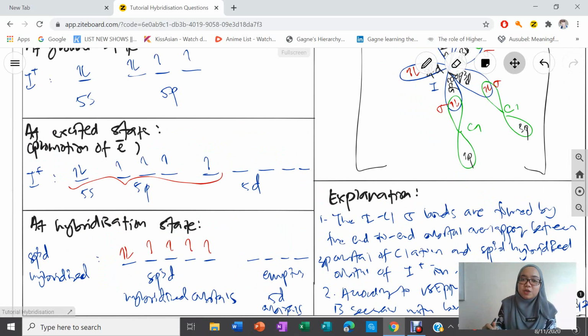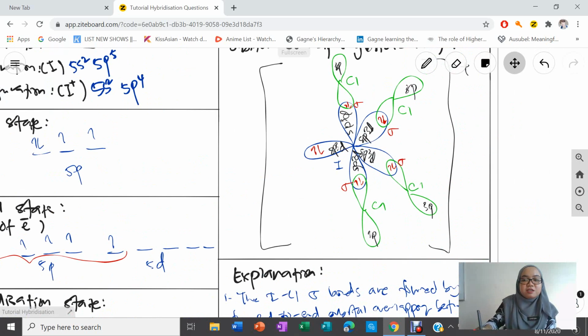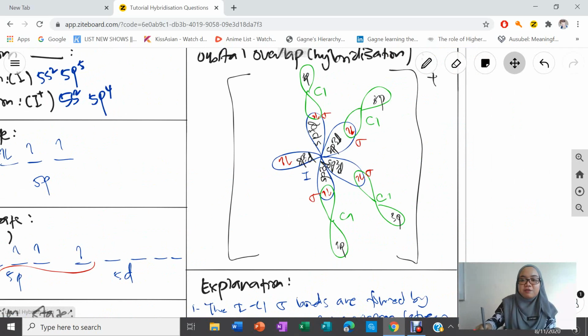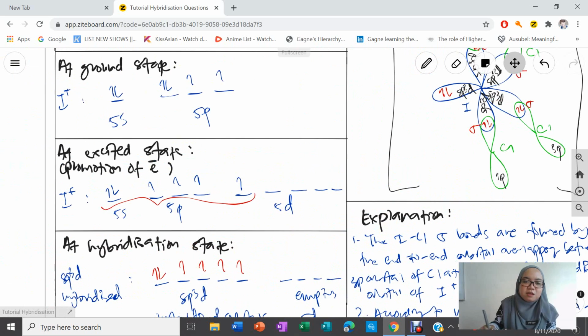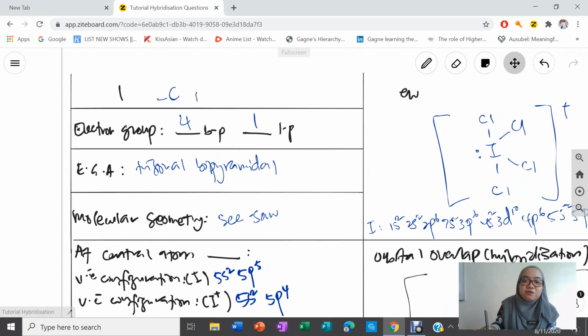You can get marks easily, and you can lose marks easily as well. For this question, when you draw the diagram really completely, you can get around 4 to 5 marks here only, and during the explanation you get around 2 to 3 marks. This one gets 1 mark, 1 mark, 1 mark, so you have to do it really carefully.